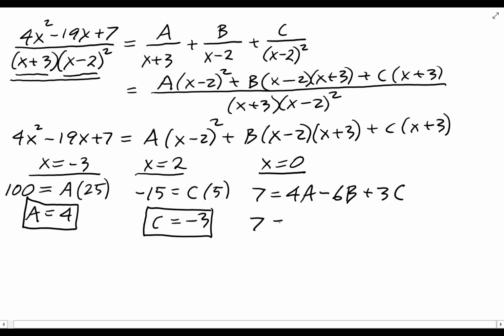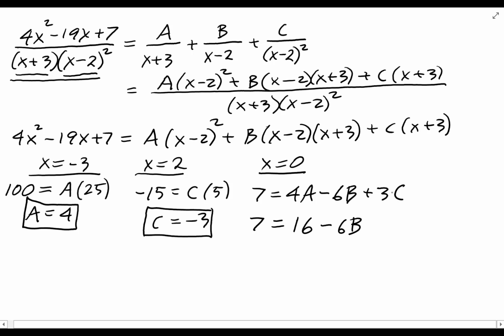Okay, but we know what a is. A is a 4, right? So if I plug a 4 in for a, that 4a becomes 16. I don't know what b is. And c is going to be negative 3.